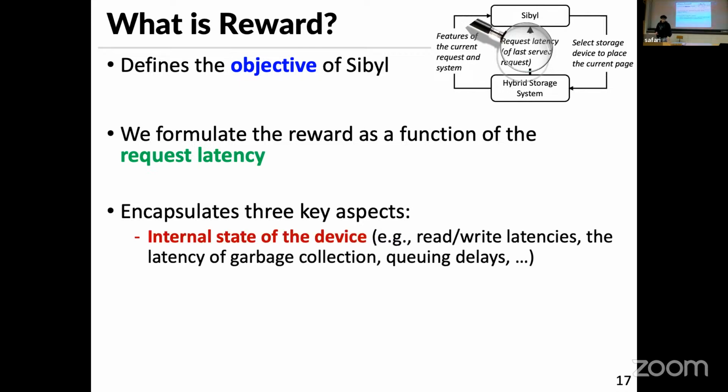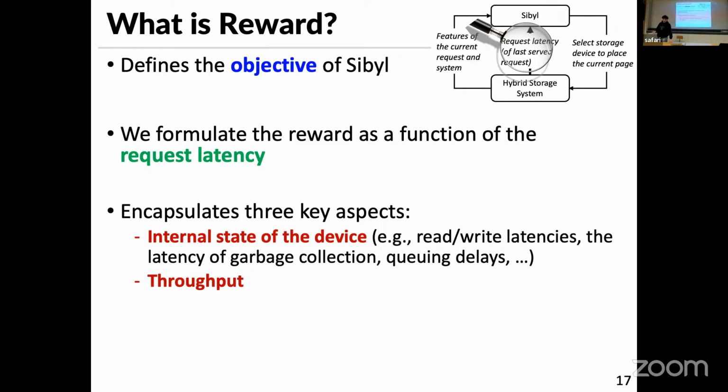First, you can see from the reward the internal state of the device. Since we're using the latency, if the latency increases, for instance, Cibil itself can read what the read-write latencies of the different storage devices are. It can read the latency of garbage collection, queuing delays, etc. You don't need to put that in the state.